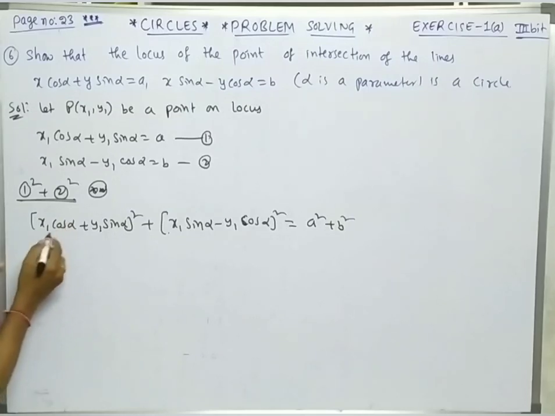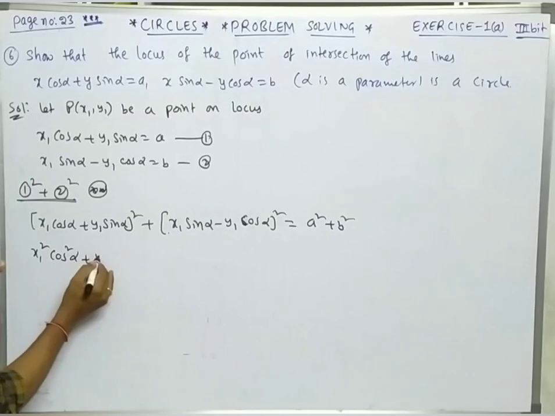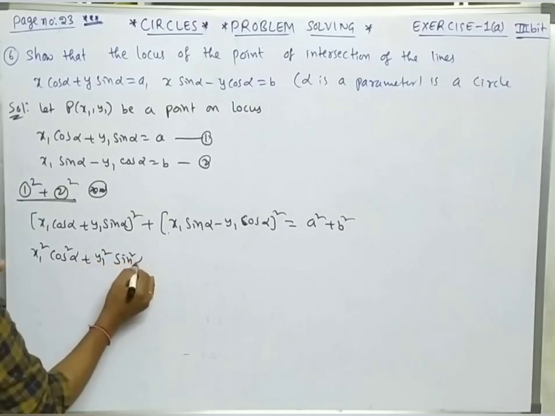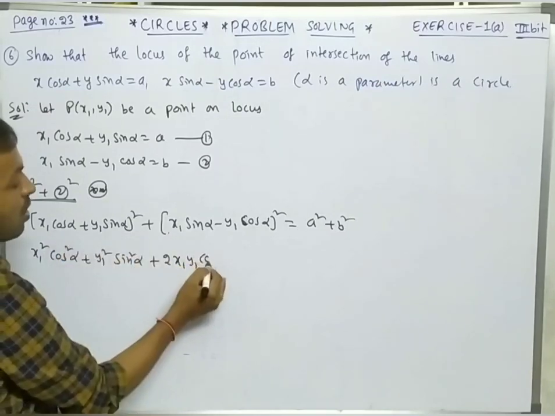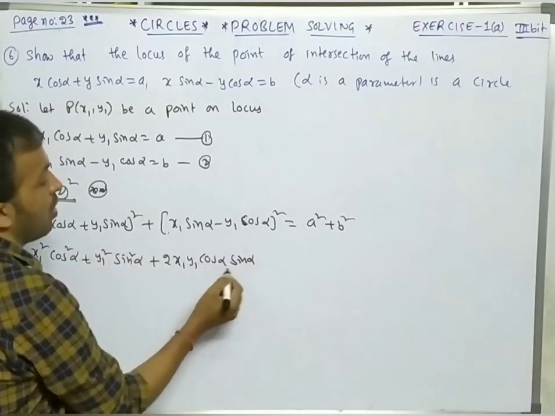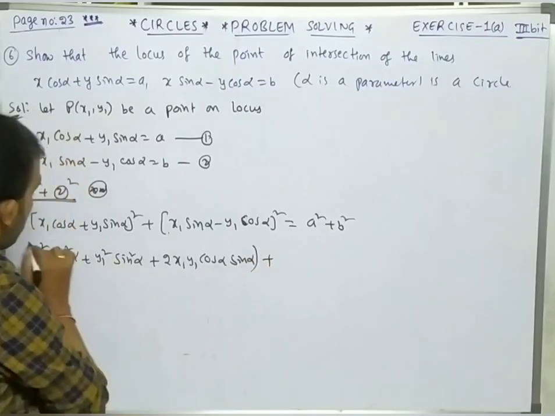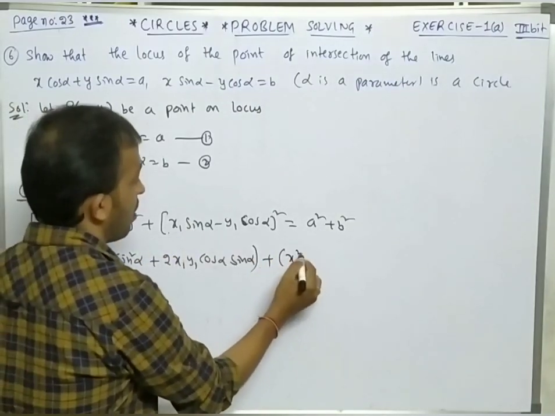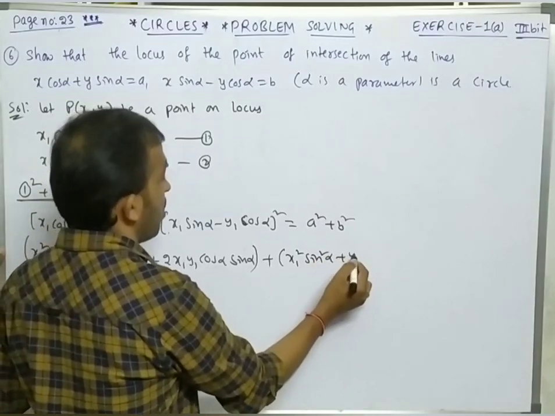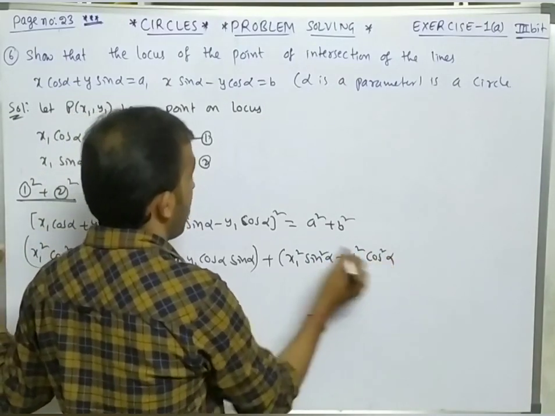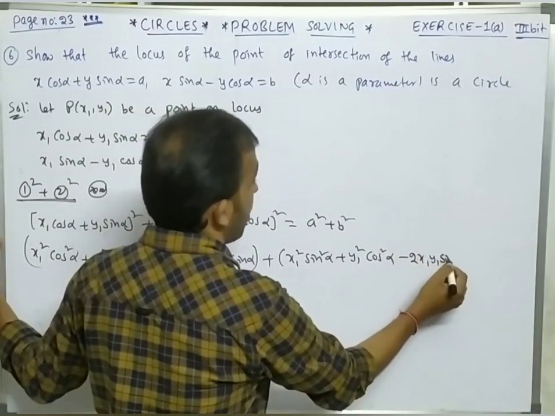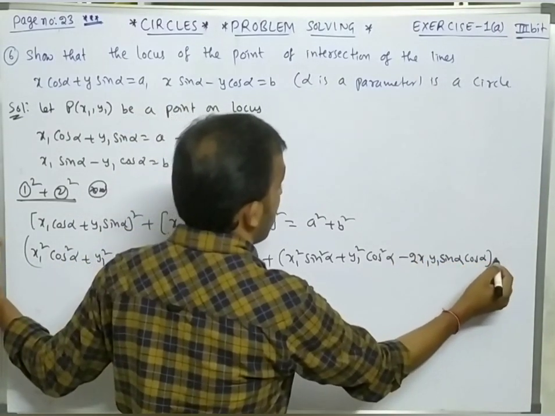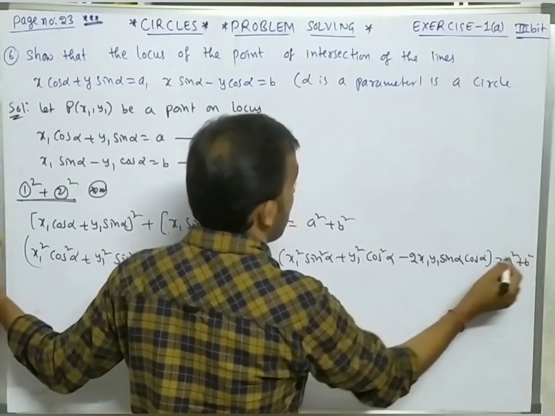So (a+b) whole square: x1 square cos square alpha, y1 square sin square alpha, plus 2x1 y1 cos alpha sin alpha. Okay, for this, x1 square sin square alpha, y1 square cos square alpha, here my (a-b) whole square, right? Minus 2x1 y1 sin alpha cos alpha is equal to a square plus b square.